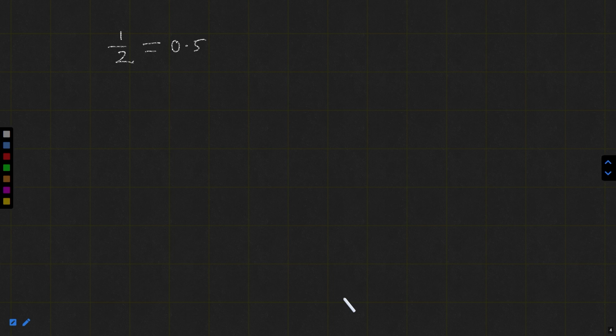So this number is a rational number. But if we take 1 by 3, this also is of the form a over b, where a, b are integers and b is not equal to 0. So 1 by 3 is a rational number. If we look at its decimal expansion, the decimal expansion of 1 by 3 is 0.333 and so on. This is non-terminating, and after the decimal point the digit 3 keeps repeating until infinity.